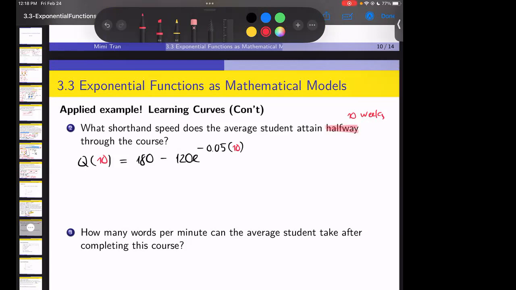Make sure you use the opposite key, not the negative key, otherwise it'll give you a syntax error. 107. So after 10 weeks, an average person can take roughly 107 words. It's 107.2, but I'm going to round down, per minute.